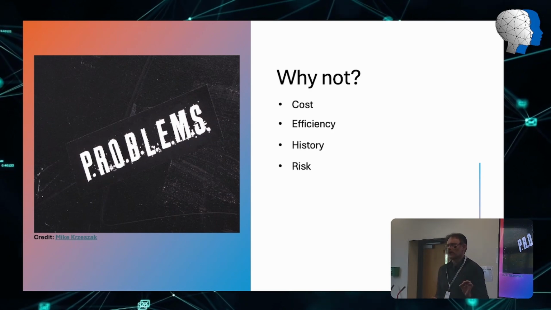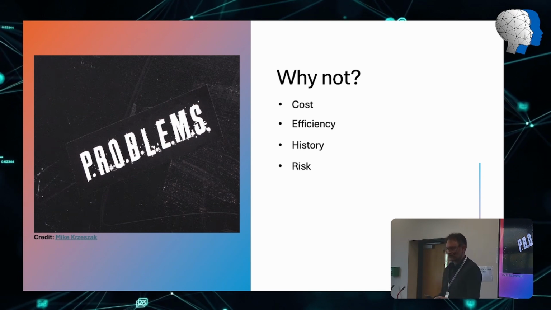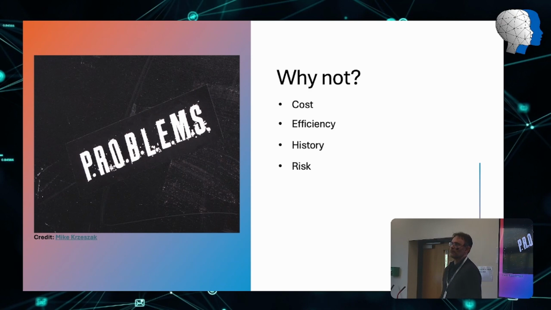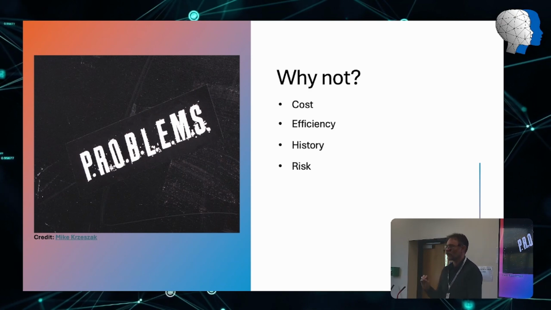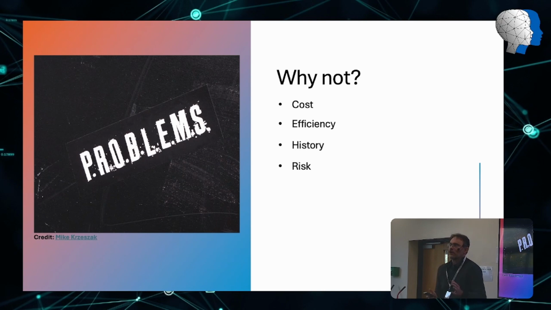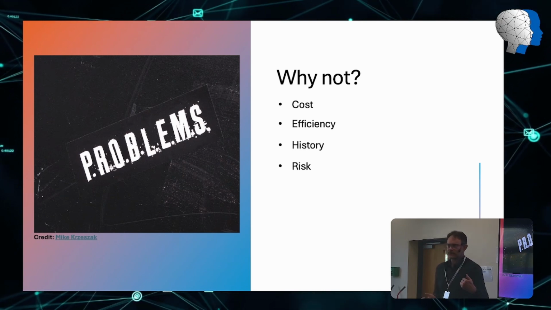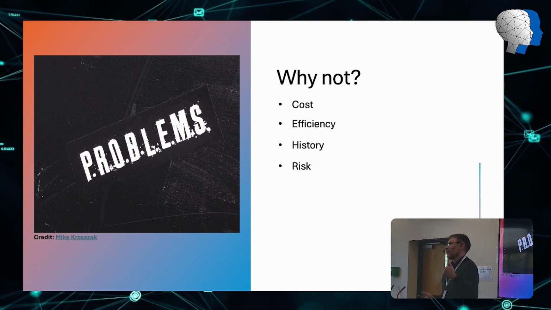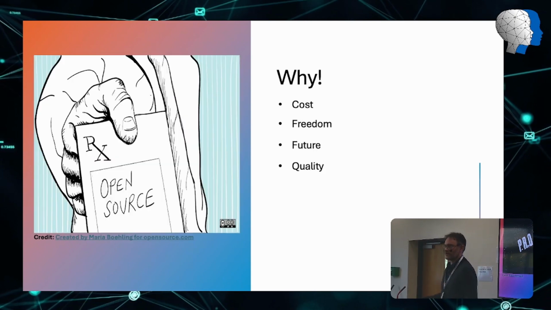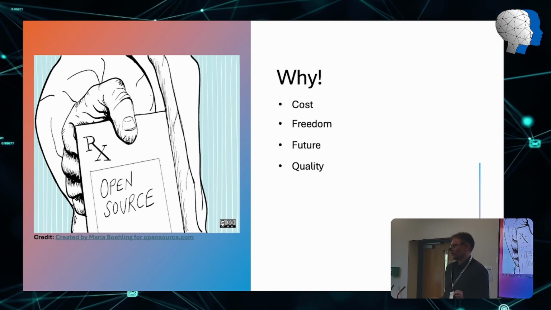Another reason why you might not want to use open source software is that the thing might not exist, and there might be a lovely proprietary solution that solves your need really effectively and efficiently. While you could do an open source solution, the cost of that development and implementation might be too much when somebody else has already solved the problem. Another reason is history.